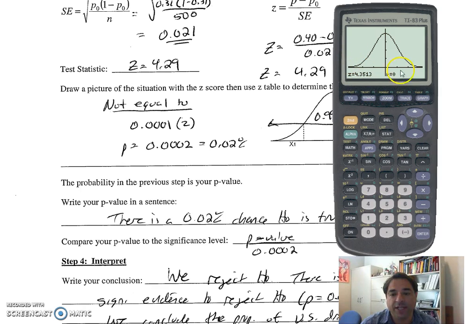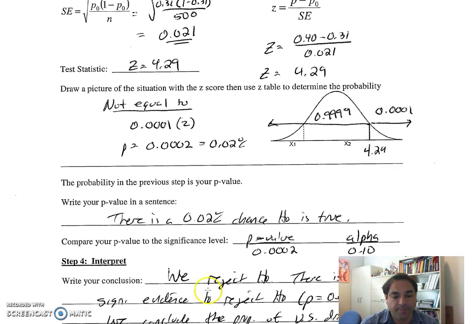It would be shaded on the left and on the right, but because it's so small, essentially zero, you don't see the shading on both sides. You could also do test number 5 and choose calculate. And it gives you just the p-value. The exact p-value would be, move it over 5 spaces, 0.00001. It's very small.